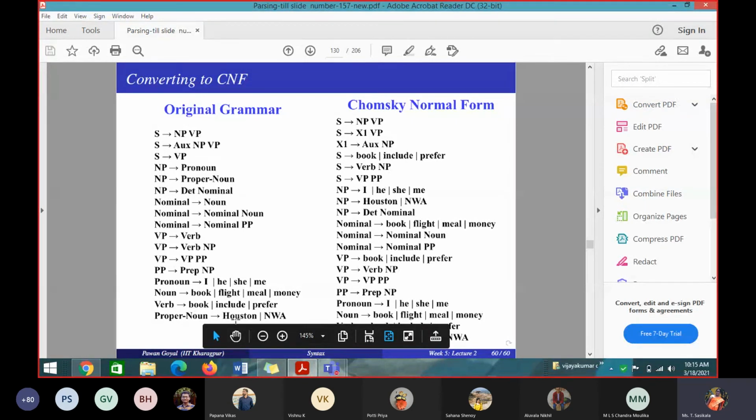Proper noun derives Houston or proper noun derives NWA. It is only one. It's not a combination of two, right? Proper noun derives Houston NWA, I am not writing that, right? Yes or no? Yes, ma'am. Does this rule satisfy? Yes. The above one, verb gives book, include, prefer. Does it satisfy Chomsky normal form?